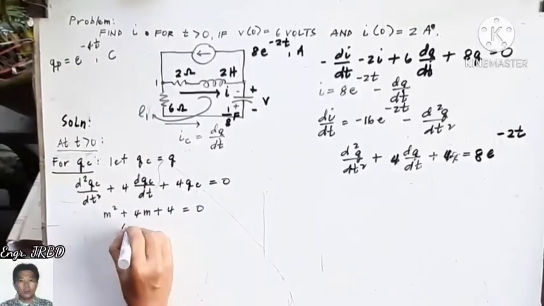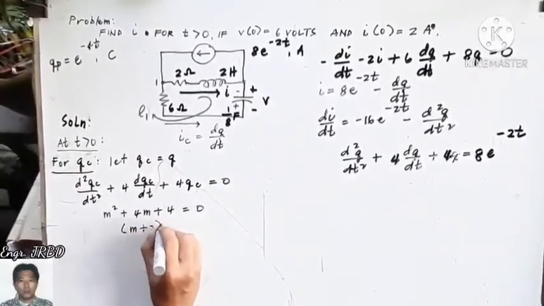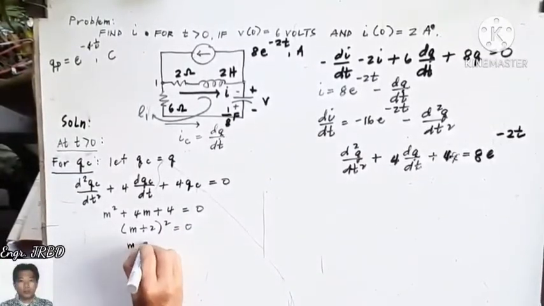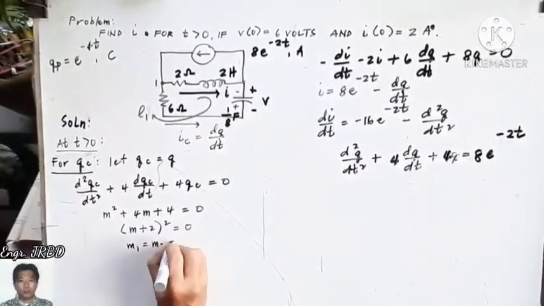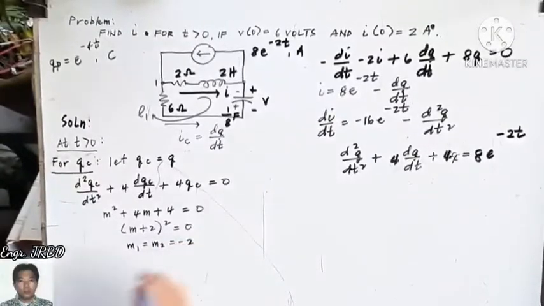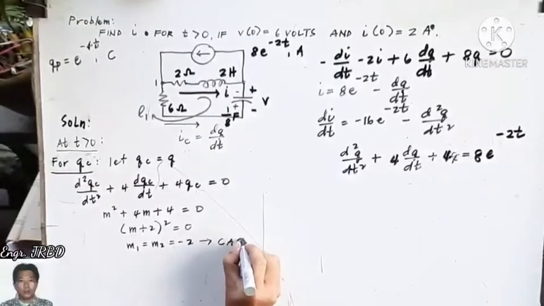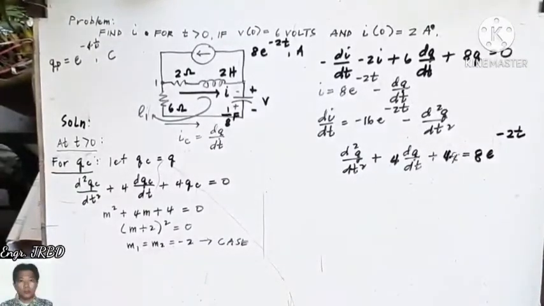And this is m plus 2 squared is 0. So the first root and the second root are the same, and that is negative 2. This will fall under case 2. Roots are real and equal.